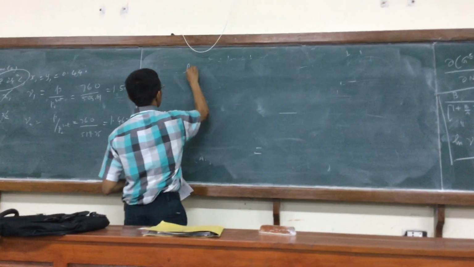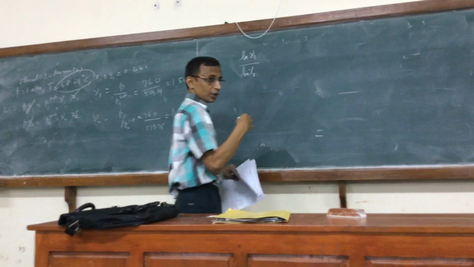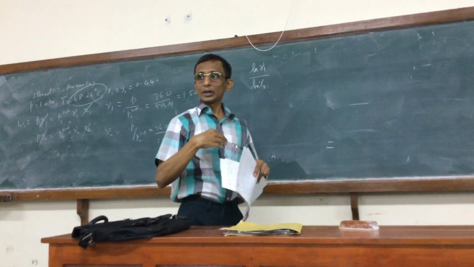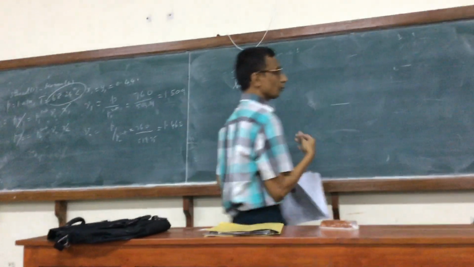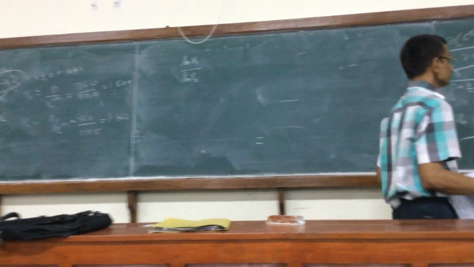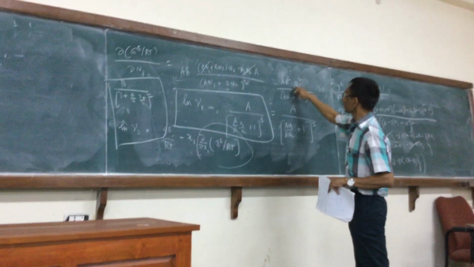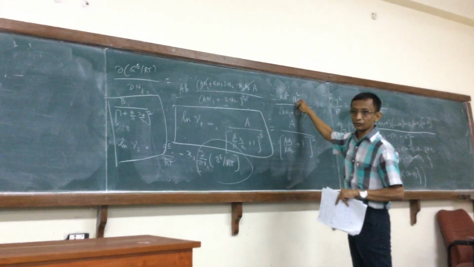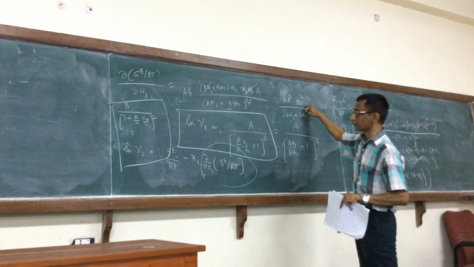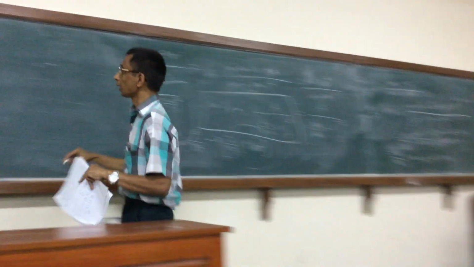So I divide. It's not log of gamma 1 by gamma 2, but log gamma 1 divided by log gamma 2. Let's see what we get. This is also log gamma 1, so we get AB squared.